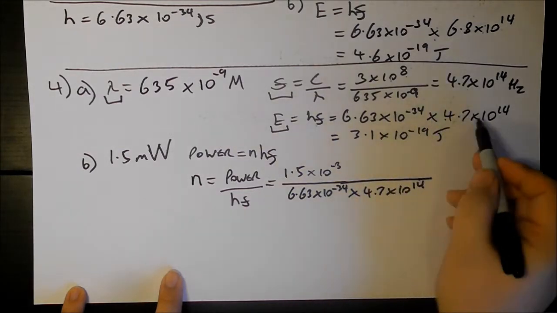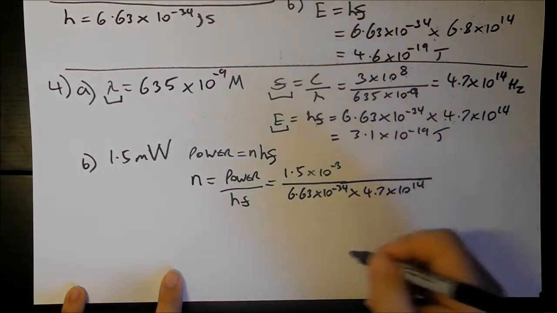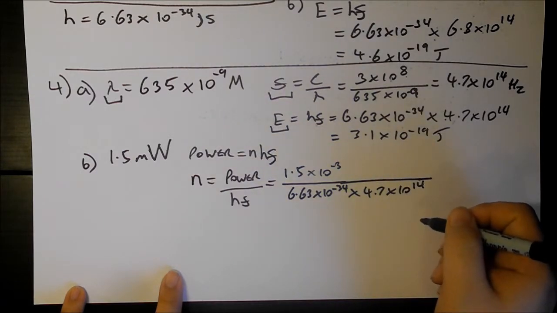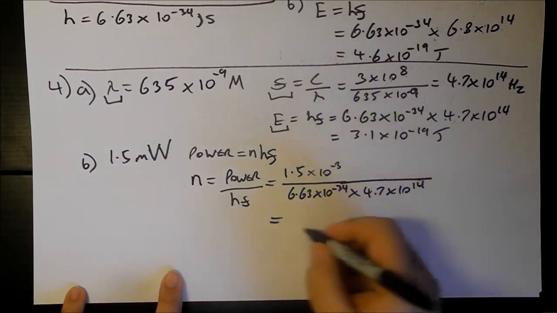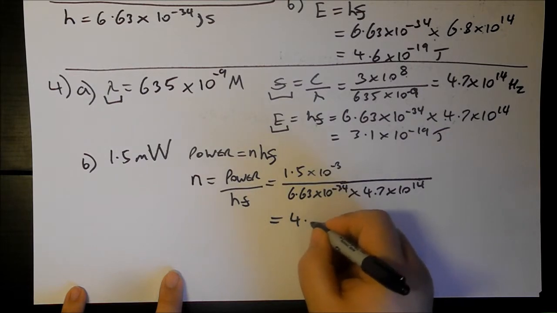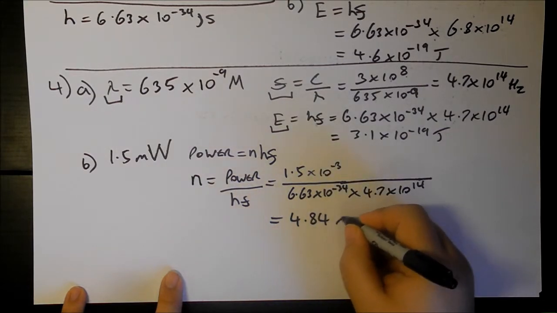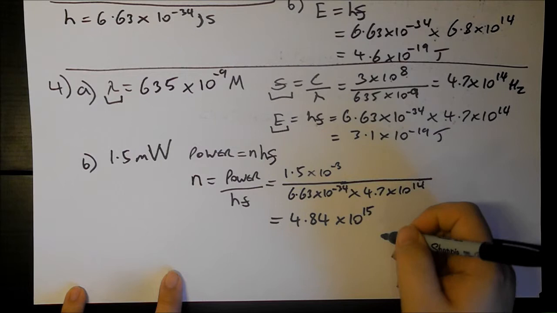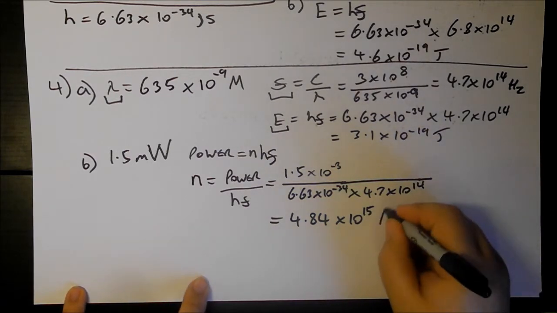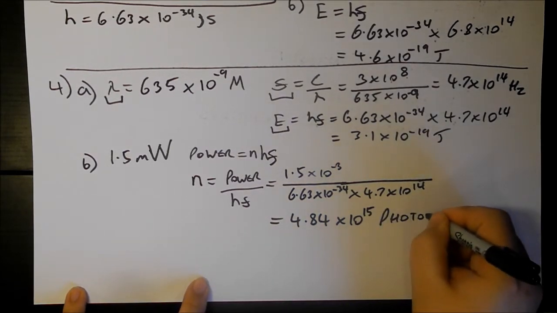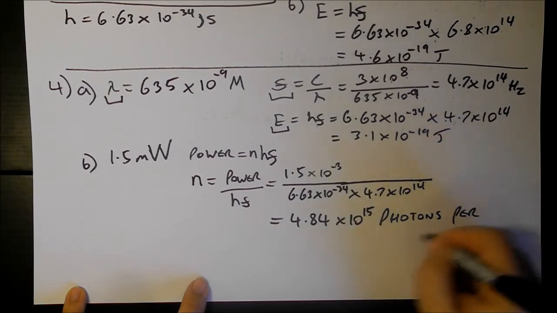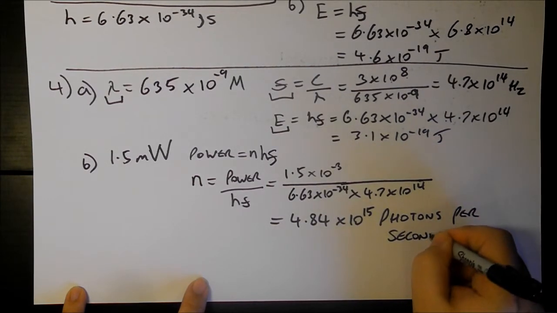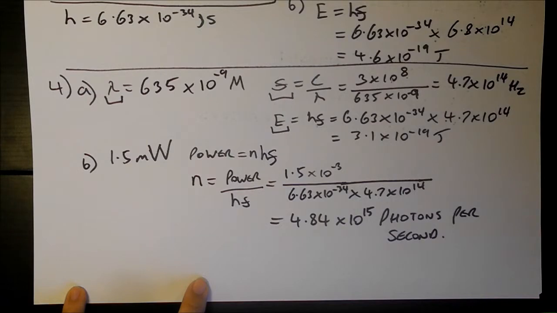We have actually calculated HF there, so I could have just written that underneath, but that won't always be the case. And when you work it out, you get an answer of 4.84 times 10 to the 15. And what's the units? Well, it's photons per second. N is theoretically a count.